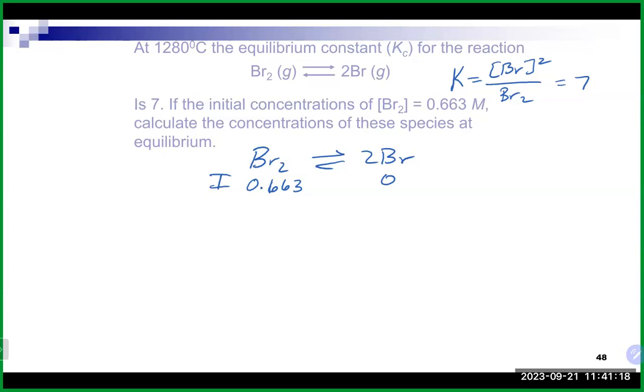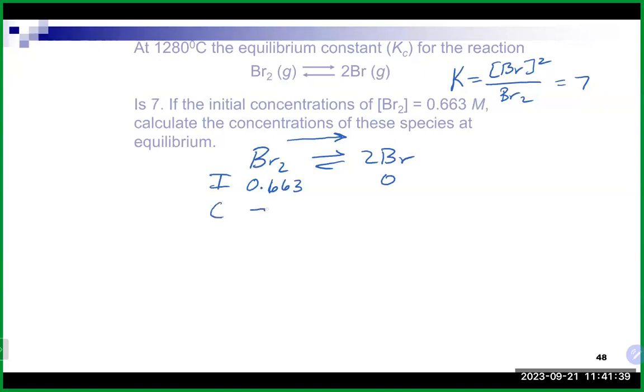This also helps us understand the direction of this equation. We can make a pretty safe assumption that it is going towards the product side, as we have no products to start with. So the forward direction of this reaction should predominate here. So that's going to help us with our change part.